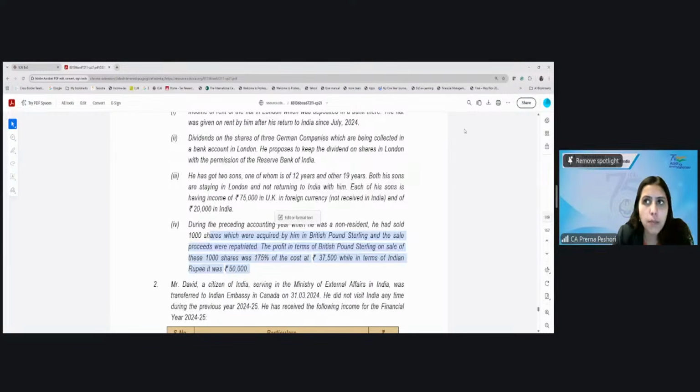Because this is income of the previous year and this is just repatriated. This is not Indian income. This is just repatriated. Are we clear?